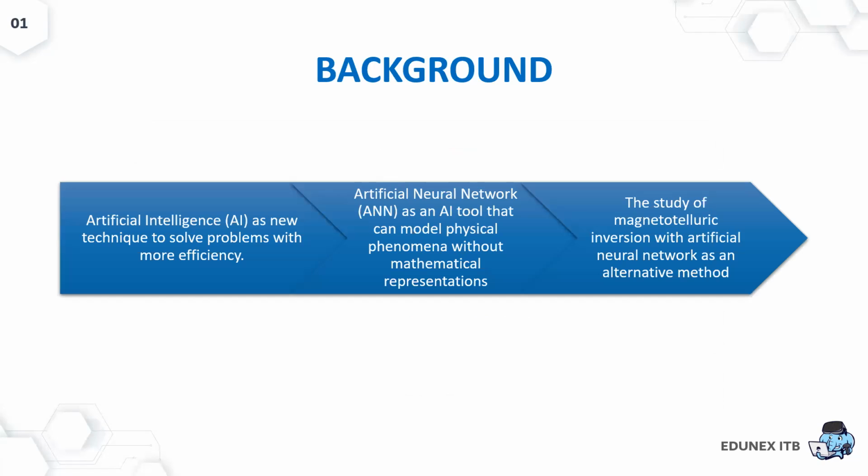From the background, we know that artificial intelligence is a new technique with more efficiency because we don't have an actual human working on the task to solve the problems. I chose artificial neural network as the artificial intelligence tool that can model physical phenomena without mathematical representations.